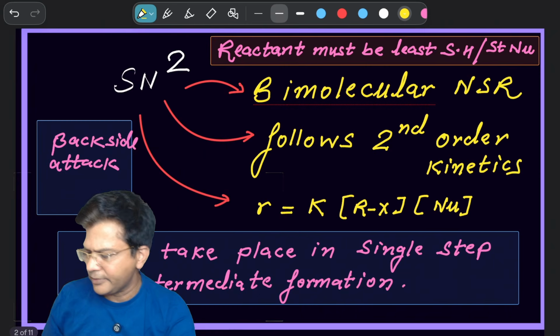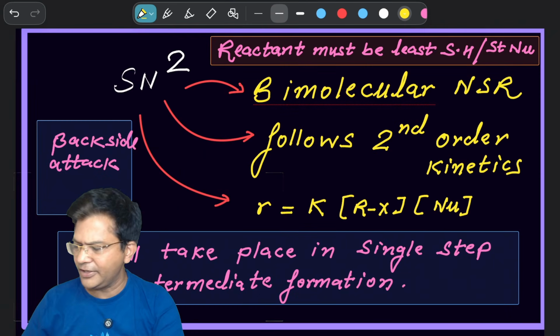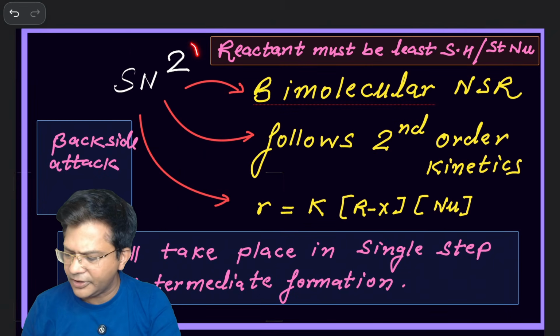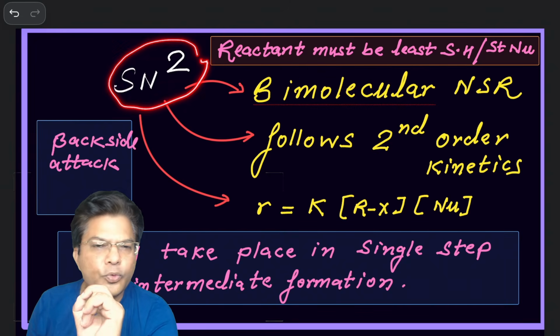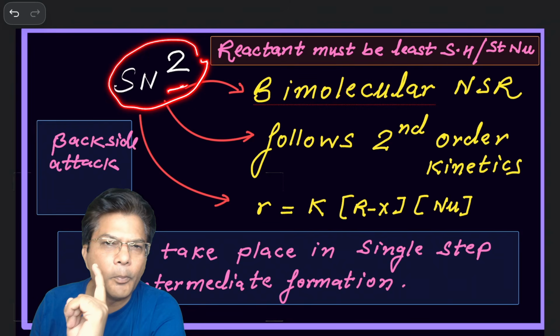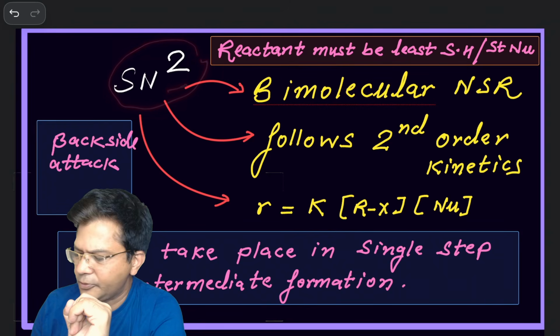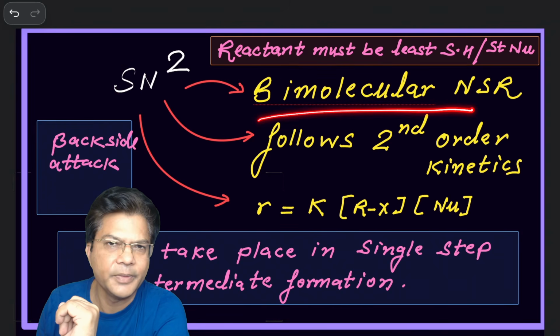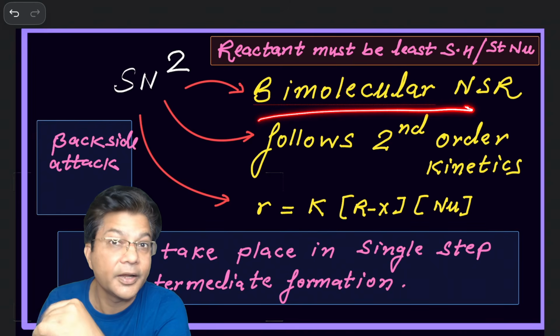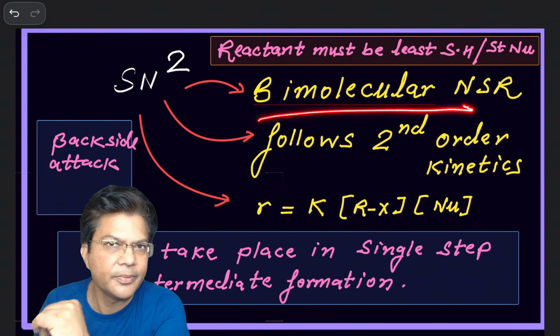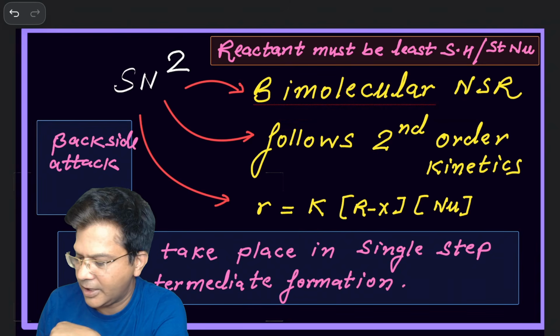Now, first of all, whenever the word SN2 comes in front of you, remember that this 2 means bimolecular nucleophilic substitution reaction. What does it mean? That when the reactant and the reagent are both involved in the rate determining step, it will follow second order chemical kinetics.